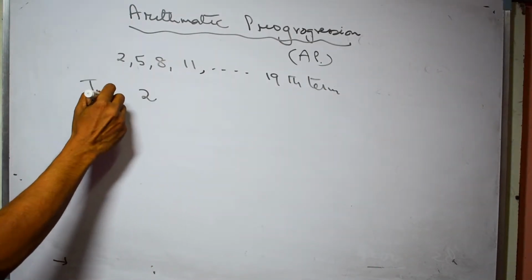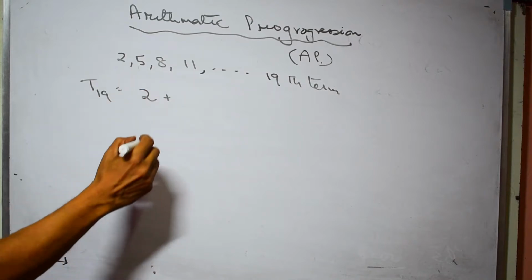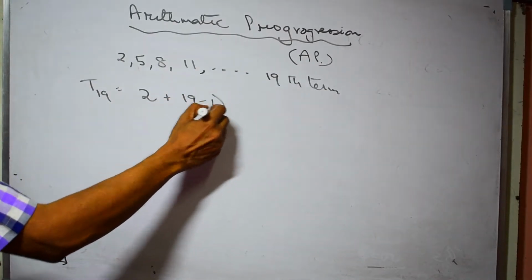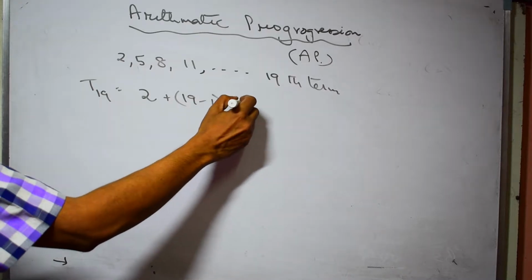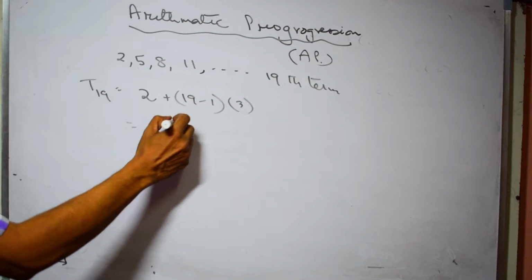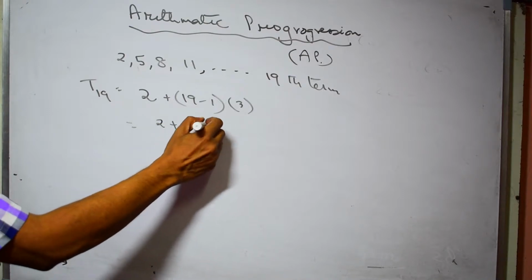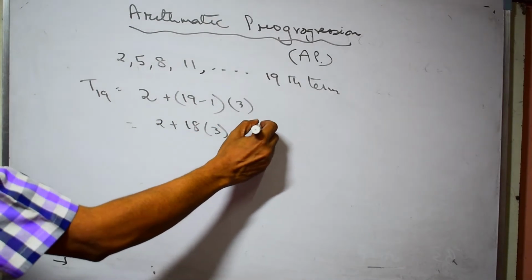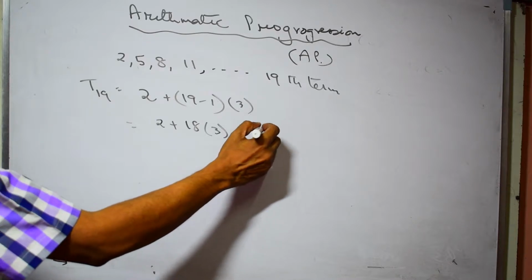We'll write T19, that is 2 plus 19 minus 1 into D, that is 3. So the answer will be 2 plus 18 into 3, which is 54. So 2 plus 54 is 56.